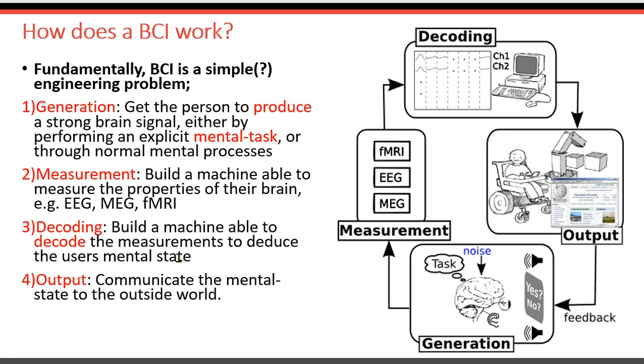The most interesting part of this BCI system could be decoding, using sophisticated machine learning algorithms that allow us to decode human mental intent. And finally, we'll discuss the potential applications of the decoded signal as output to communicate with the external world or to control some sort of device.